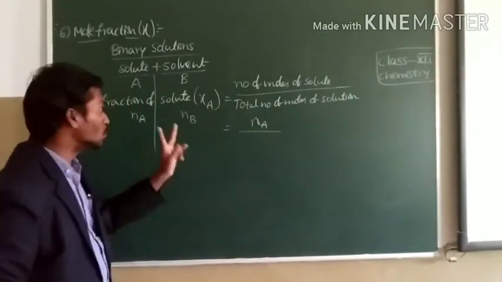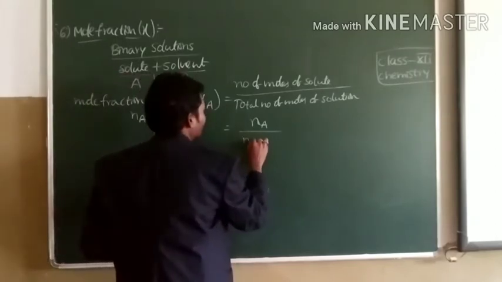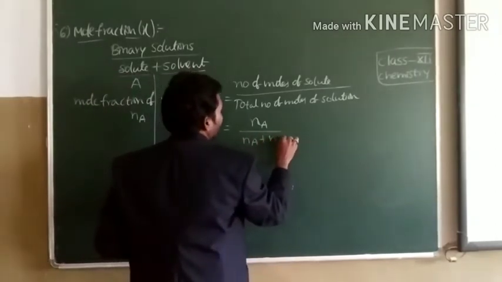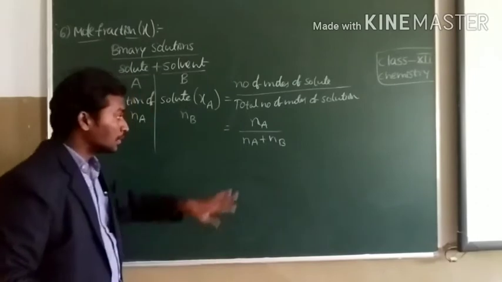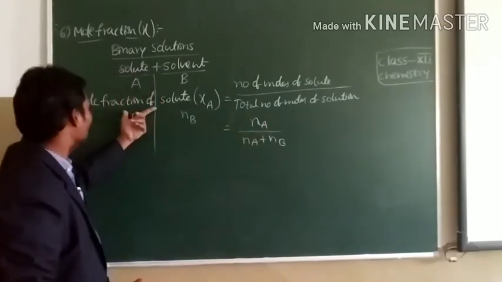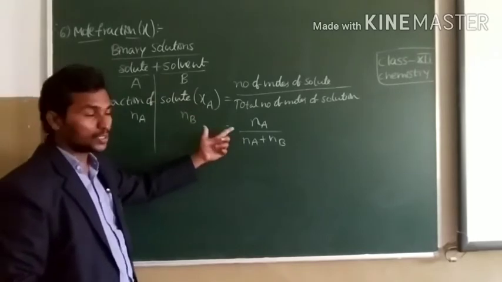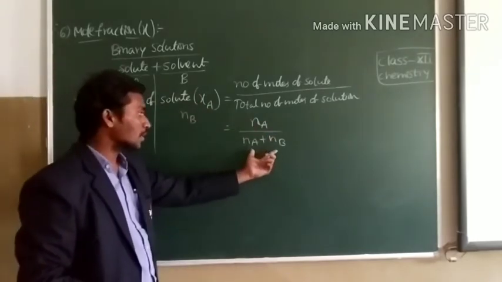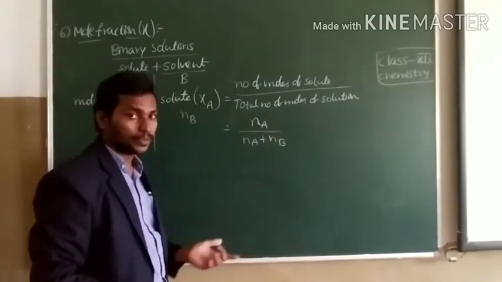Solution contains two components, children, Na by Na plus Nb. This is mole fraction of solute. Mole fraction of solute is equal to Na by Na plus Nb.